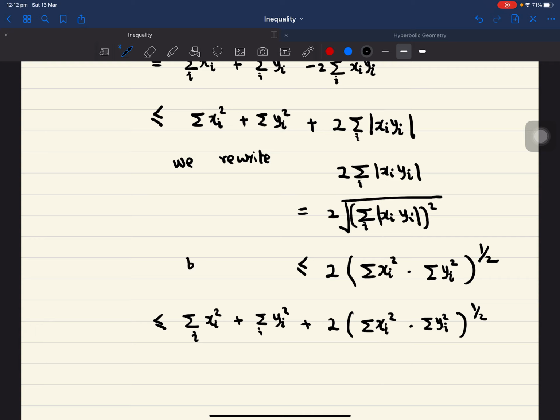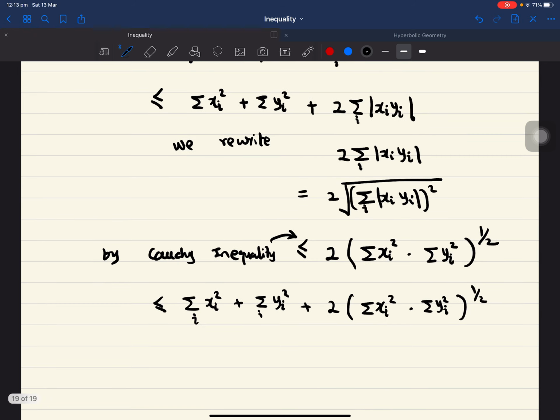That bit is, sorry, not by the triangle inequality, it is by Cauchy inequality. This particular step here.